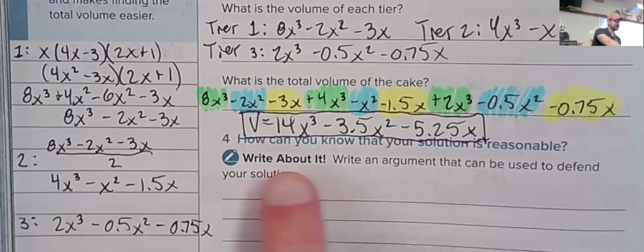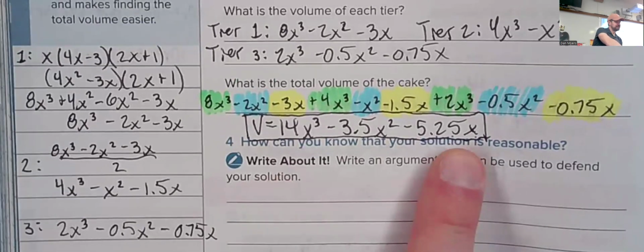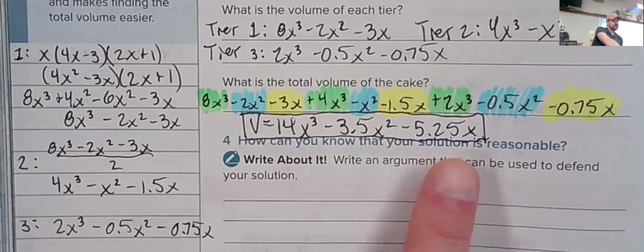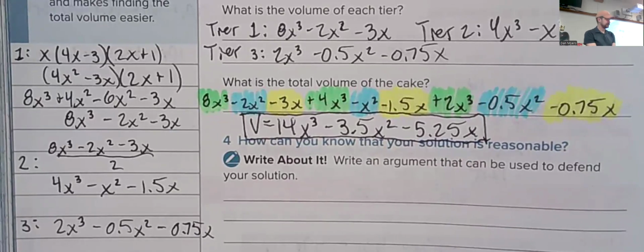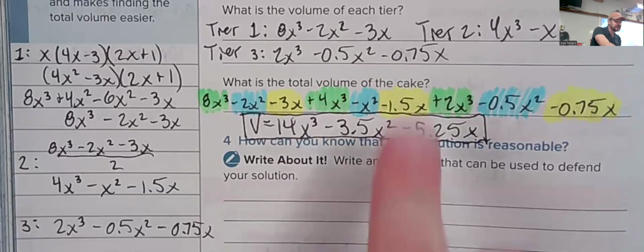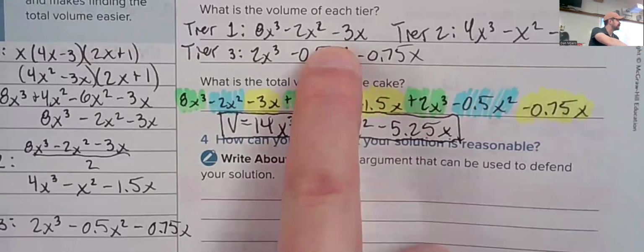Is this an actual volume? No, that represents a volume. How could we find an actual volume? Choose a number for x. We're not going to, but we could. If you choose a number for x and you plug it into tier 1, you would get an actual number for the volume.